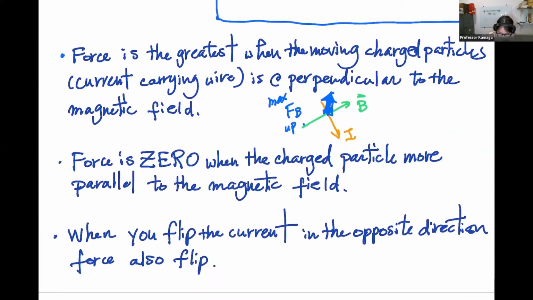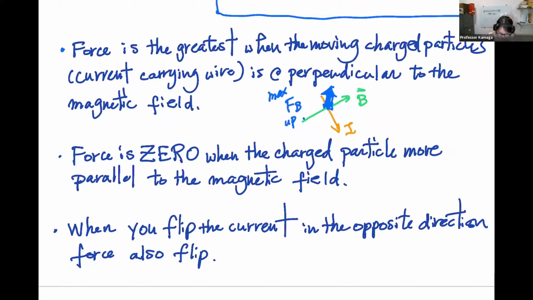But if you have a current that's running in the same direction as the magnetic field, then the force is 0.